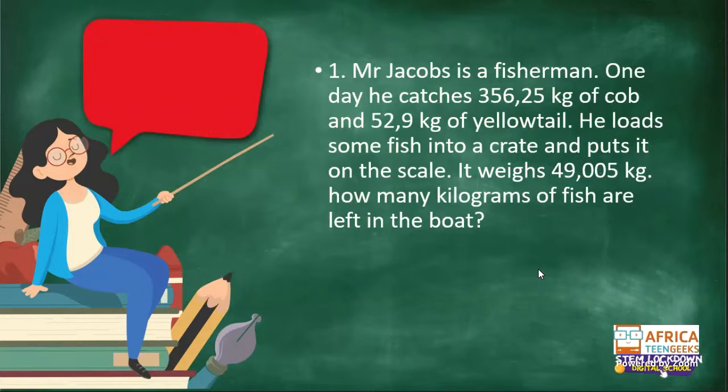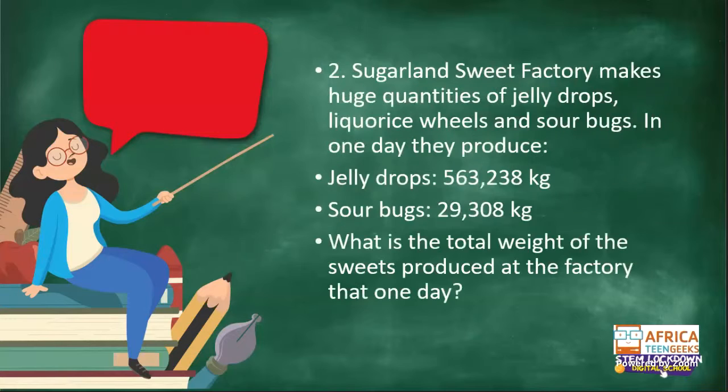And as we carry on to revise, the next one will be the second one where you need to look at the Sugarland Sweet Factory, where they make quantities of jelly drops, liquorice wheels, as well as the sour bugs in one day. So in one day, they produce 563.238 kilograms of jelly drops. They equally produce 29.308 kg of sour bugs.